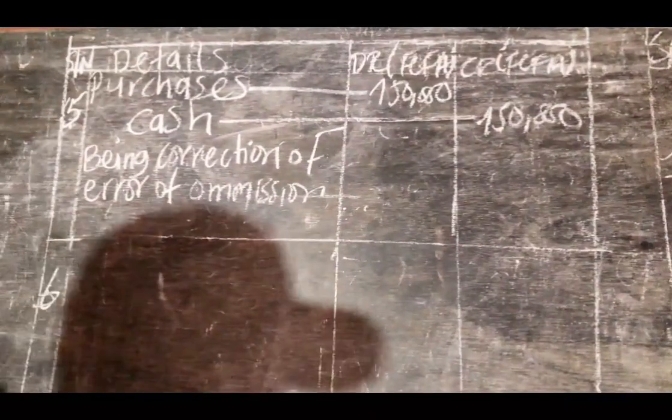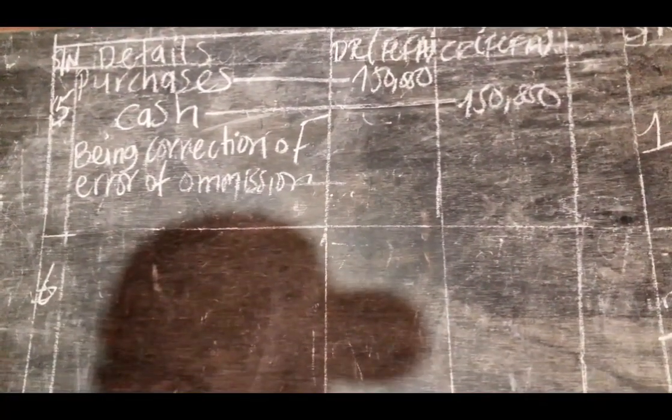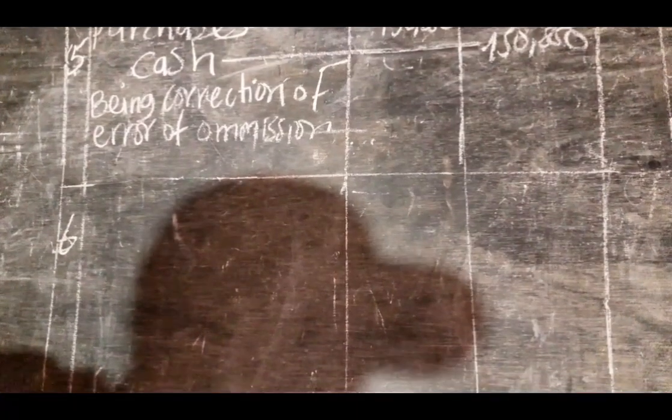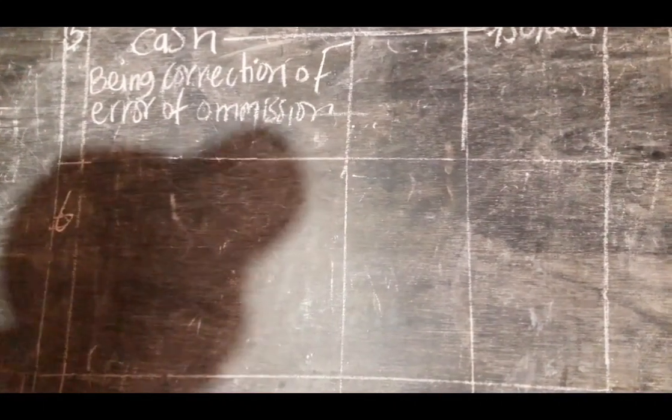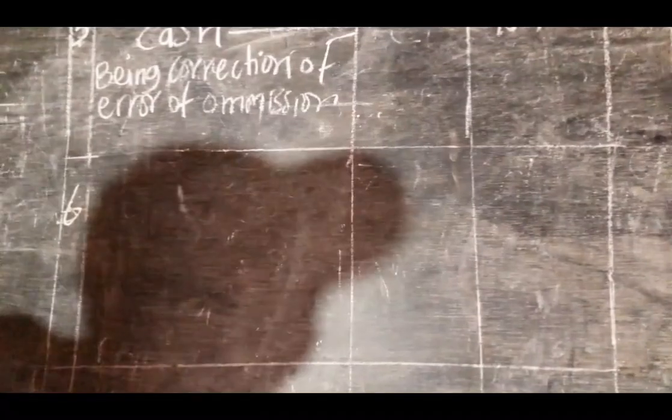The last transaction for the day, which is cash received from customers, was completely reversed, worth 850,000. To correct this error, we need to reverse it. But we cannot just reverse it, because if we reverse it, we will be canceling the amount that was recorded. And now we also need to bring it.